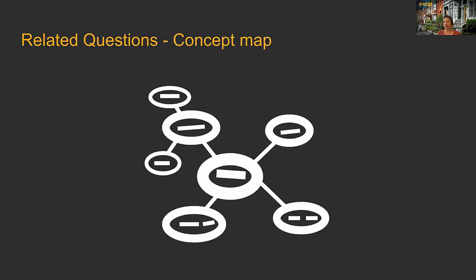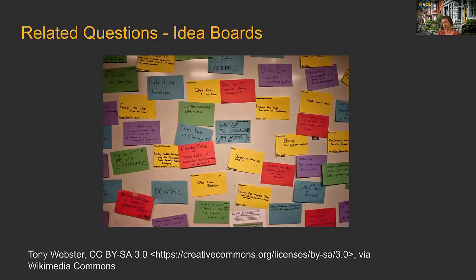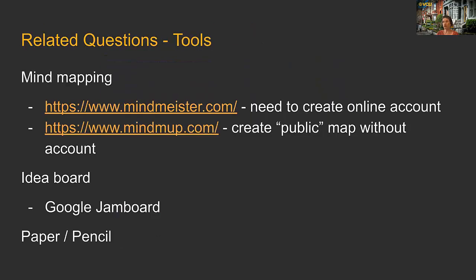So one way to think about all these related questions is you could use a concept map. Another approach would be an idea board. These have been traditionally used in group settings, but you could certainly use this independently. And there are some online tools that can help. There's a couple for mind mapping to develop these concept maps.